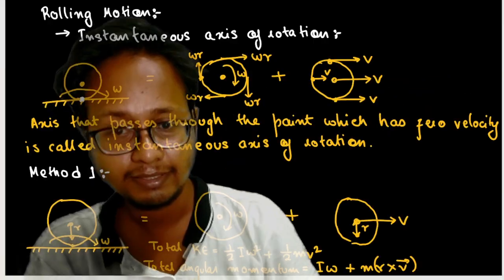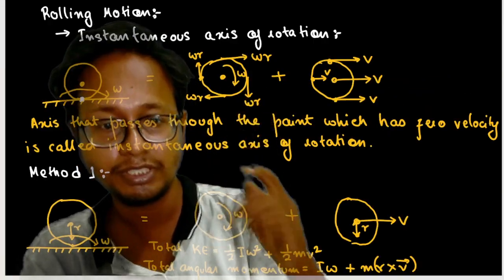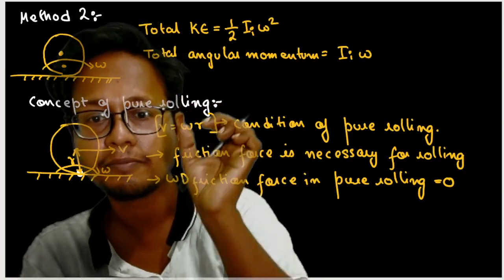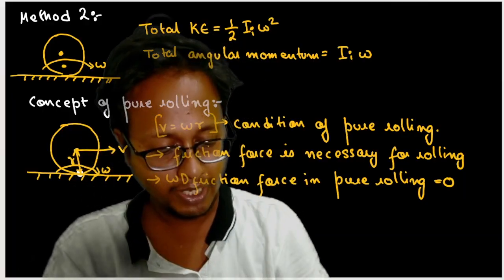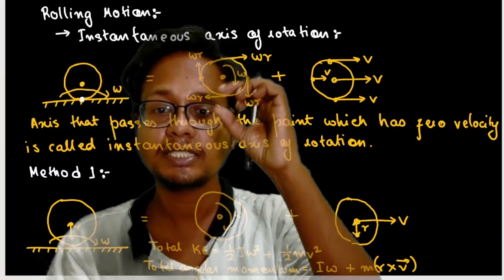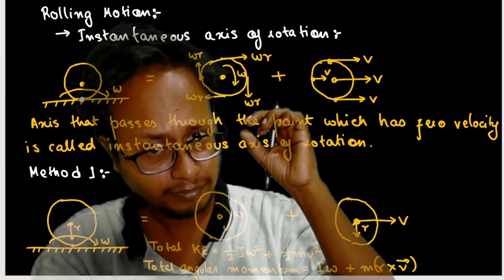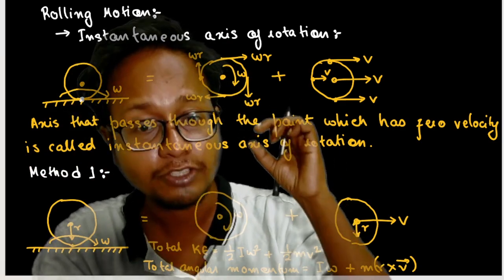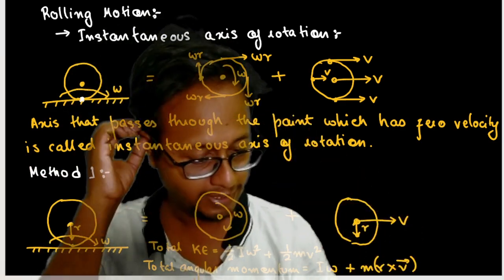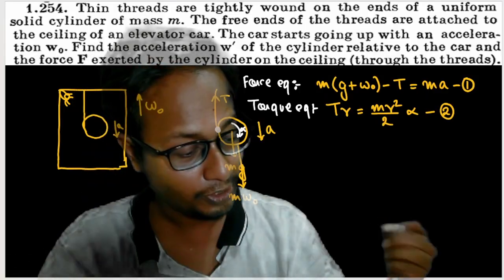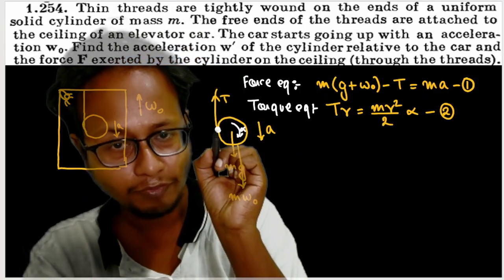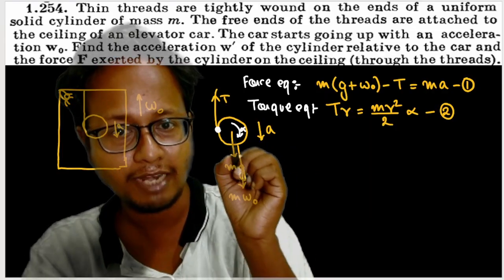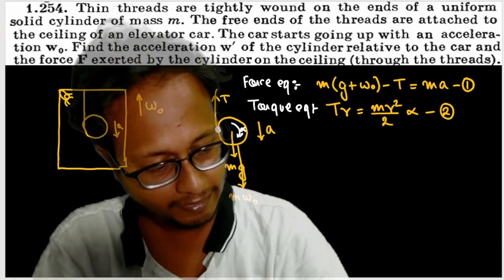And what did I say about the relation between the instantaneous axis of rotation and R? V is equal to omega R, a is equal to alpha R, where R is the distance of the center from the instantaneous axis of rotation. So let's continue the question. If I know the instantaneous axis of rotation to be this one, I can easily say a is equal to alpha into the radius of the cylinder.